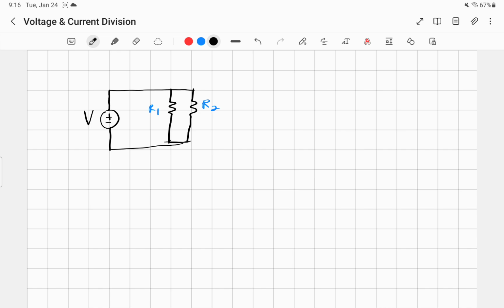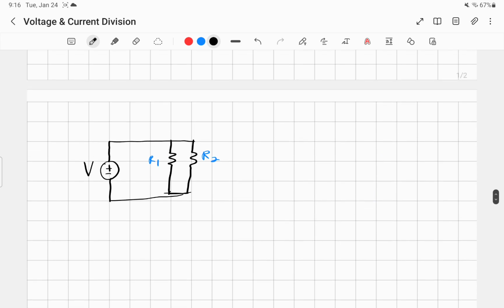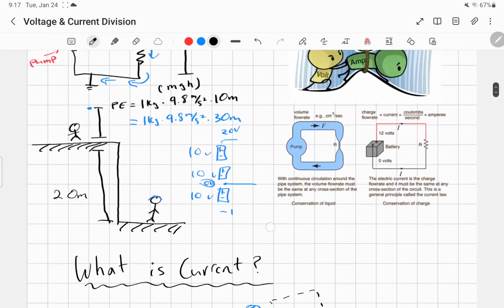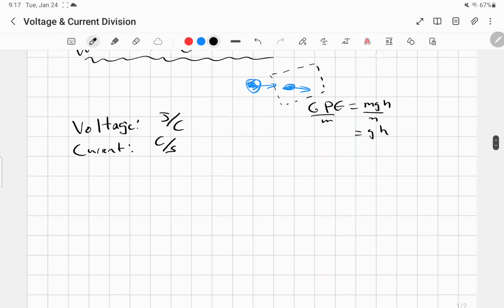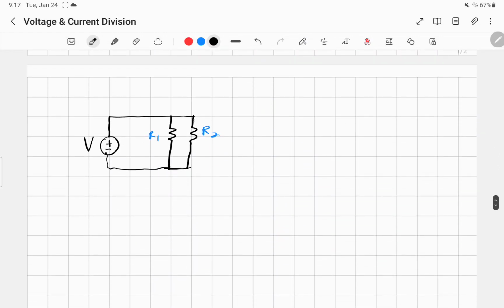The way to think about this is with that mechanical analogy I was mentioning earlier. Let's think about this mechanically. We have the water flowing, and it's getting pumped up to a certain height. Let's say you're a water particle, you get pumped up to a height of 10 volts, or 10 meters, interchangeable.